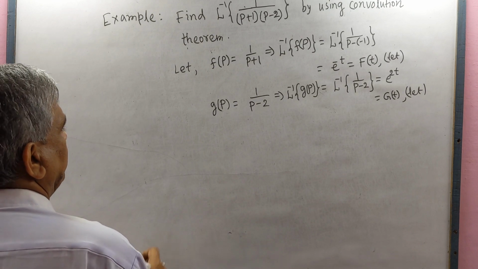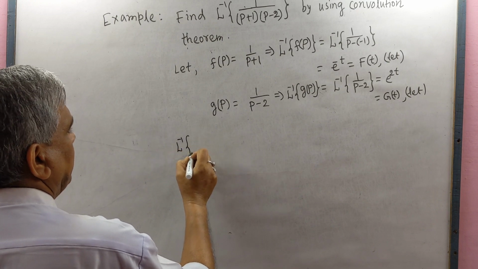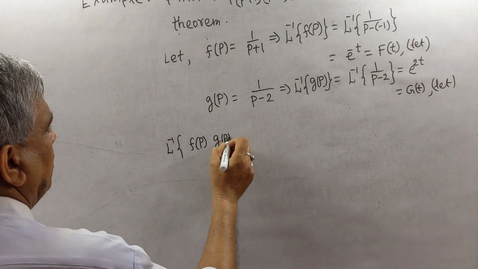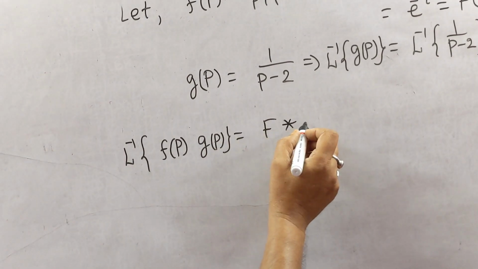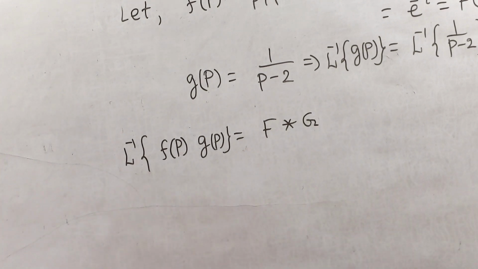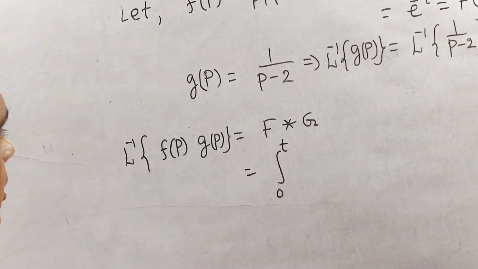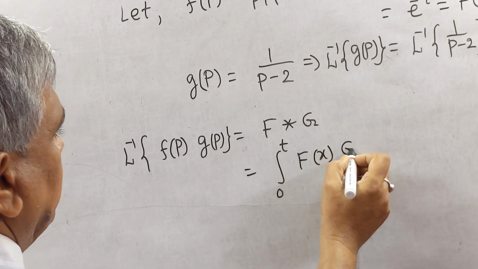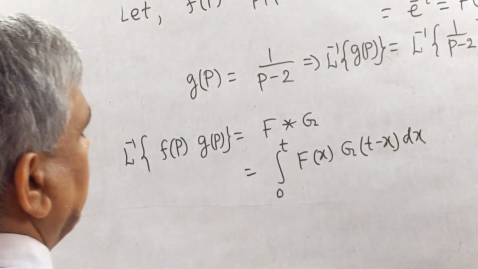By the convolution theorem, L inverse f p g p equal to the convolution of f and g, f star g. This is equal to the integral from 0 to t of f x, g of t minus x, dx.